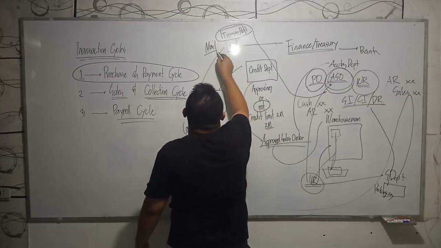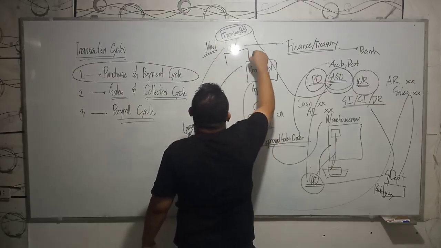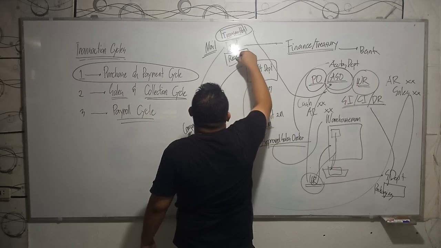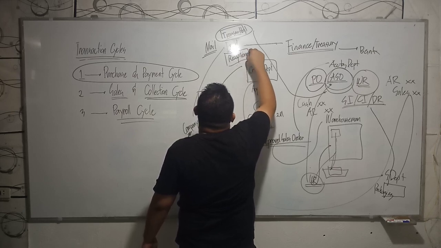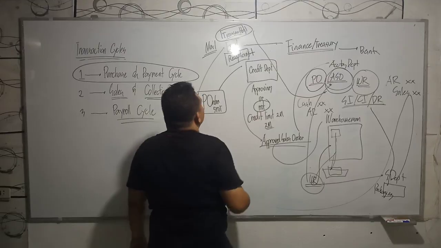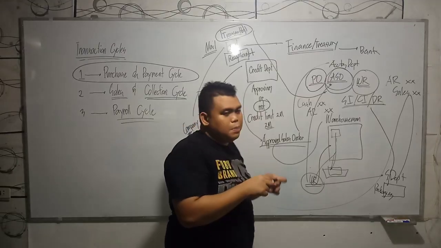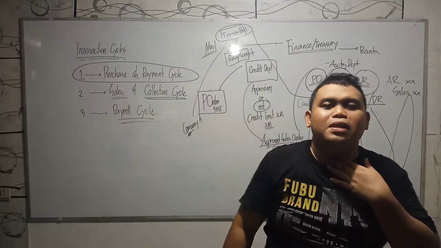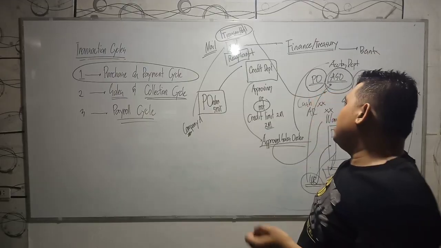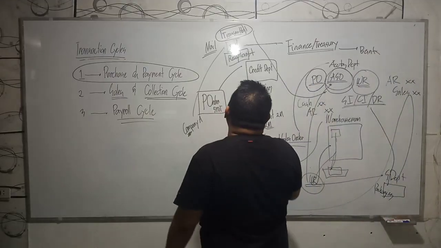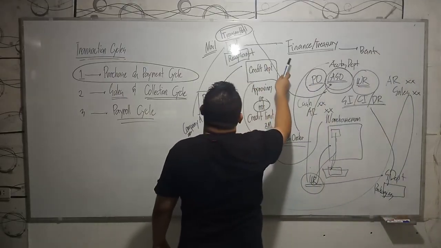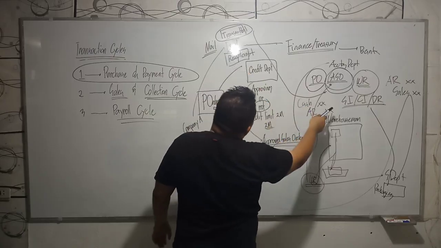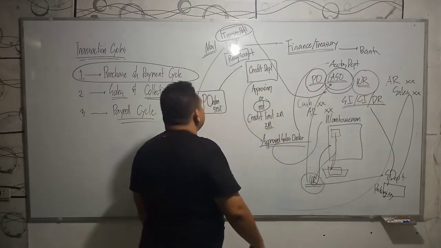And normally, such mail is opened by the receptionist. Normally, there are some people that are assigned to open the mails. Okay? And such receptionist is the one that will deliver the check to the finance and treasury and the transmittal to the accounting department.